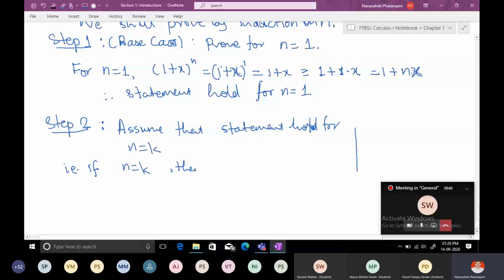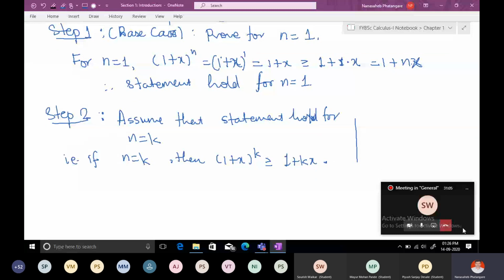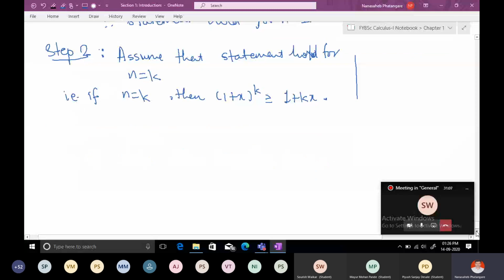We have chosen some k, and what k that is doesn't matter. We have chosen some k greater than or equal to 1. Then you pick up any k, and from that, are you able to prove for the next? That is our main issue.